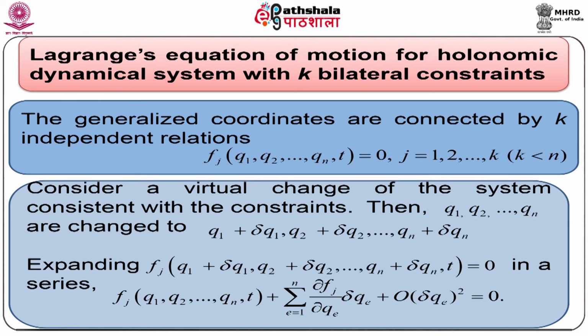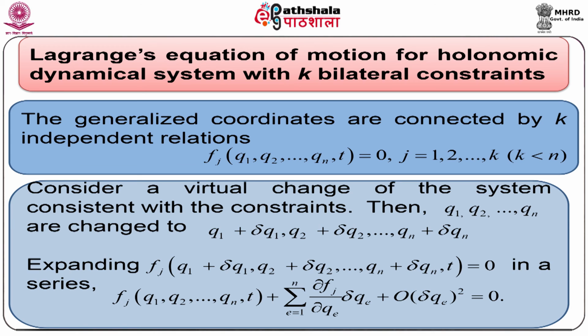Then the generalized coordinates q1, q2 up to qn are changed to q1 plus delta q1, q2 plus delta q2 up to qn plus delta qn. As we are considering virtual change, we use the variation delta symbol.